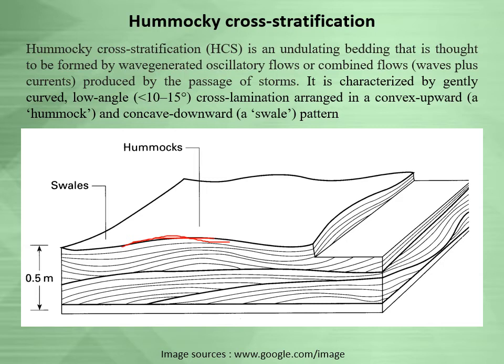The elevated portion of this Hummocky cross stratification, that is the bulging portion which is convex up, is known as hummocks, and the slightly depressed portion which is concave up is known as swell, and the inclination angle is generally 10 to 15 degrees.